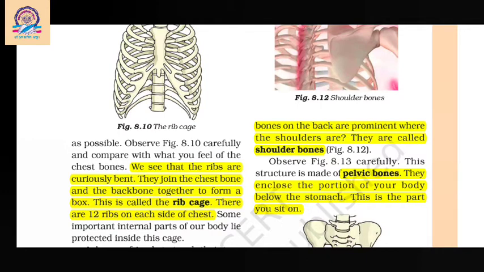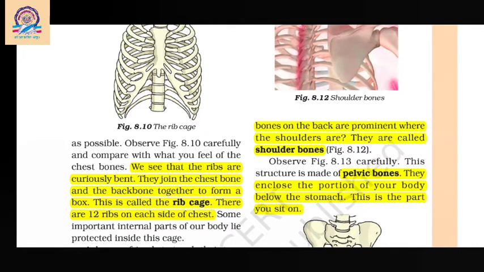We see that the ribs are curiously bent. That is, if we bend, then our ribs also bend. They join the chest bone and the backbone together. Who joins the chest bone and backbone together? Ribs, to form a box, and this box is known as the rib cage.